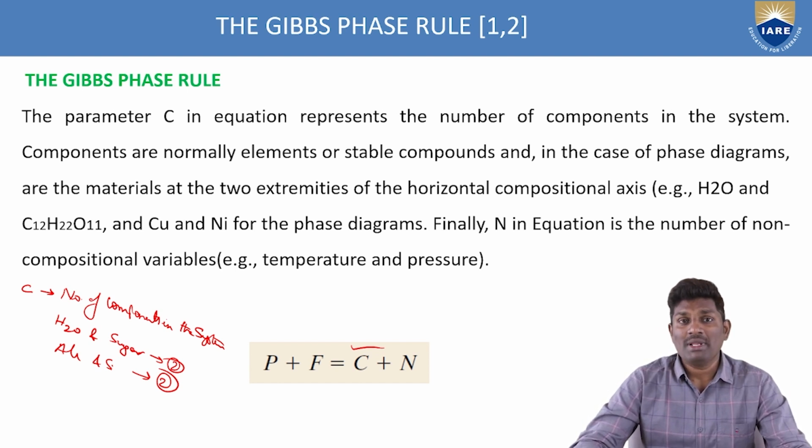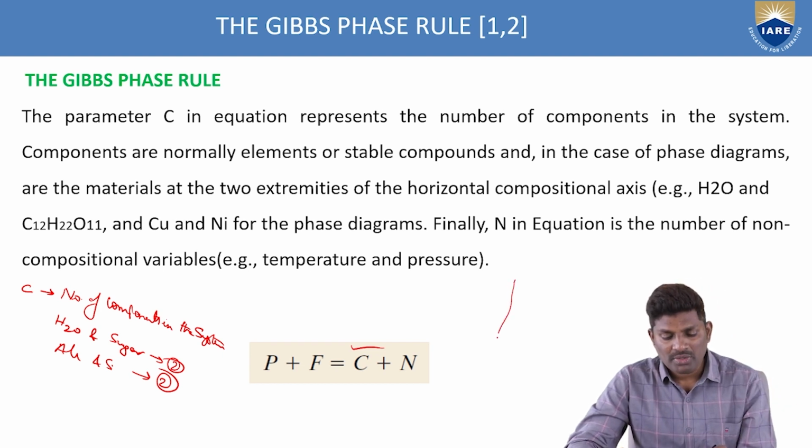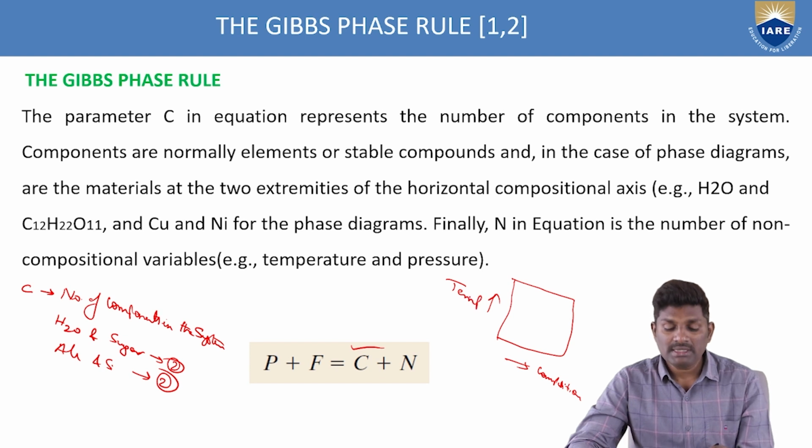Components are normally the elements or stable compounds in the case of phase diagrams, and the materials at the two extremities of the horizontal composition axis. In the phase diagram, this is the phase diagram axis. Along the x-axis we are drawing the composition. Along the y-axis we are taking the temperature. Of course it starts with 0 and ends with some 1000 degrees centigrade.